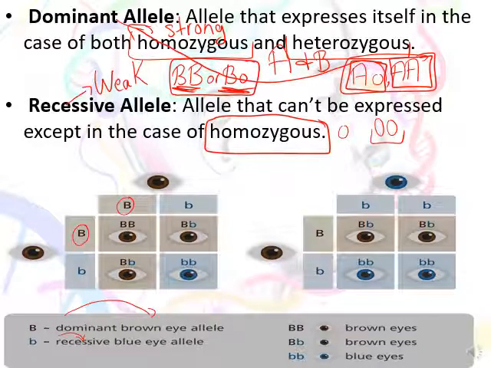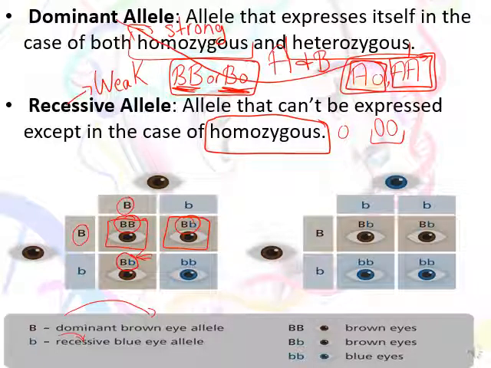So BB will give brown. Or we have small b for the blue and capital B for the brown, so we have Bb. So it is brown.